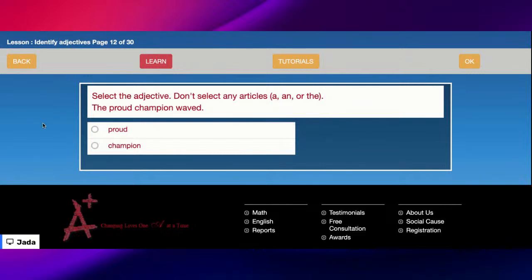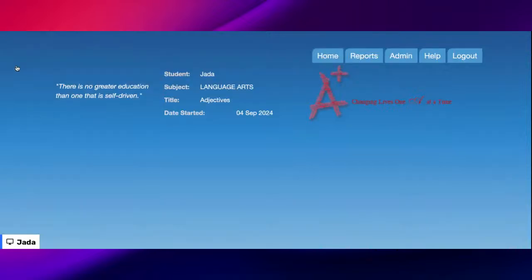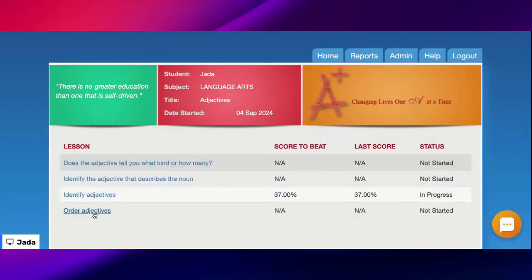Do you guys have any question about this lesson? Any question? Let me know before we move to the last lesson, other adjectives. Do you have any questions?